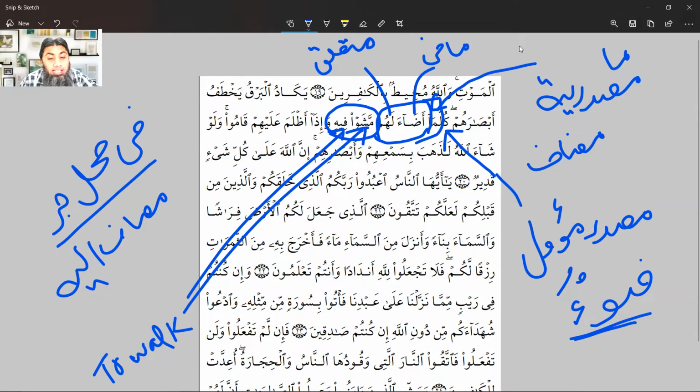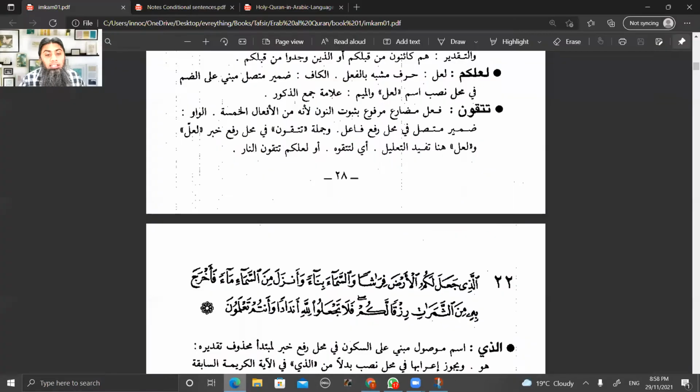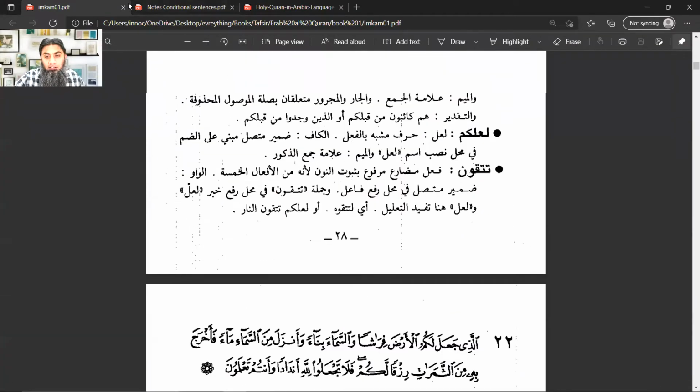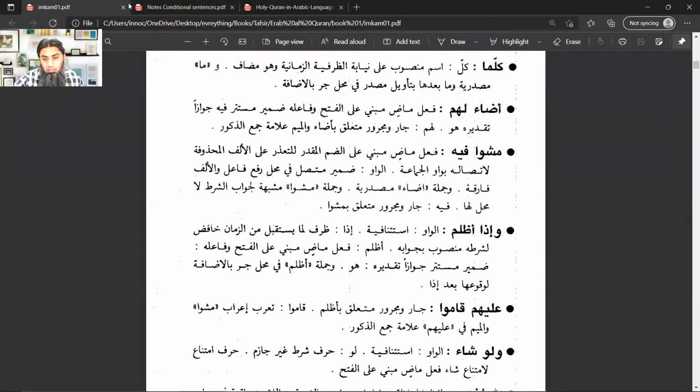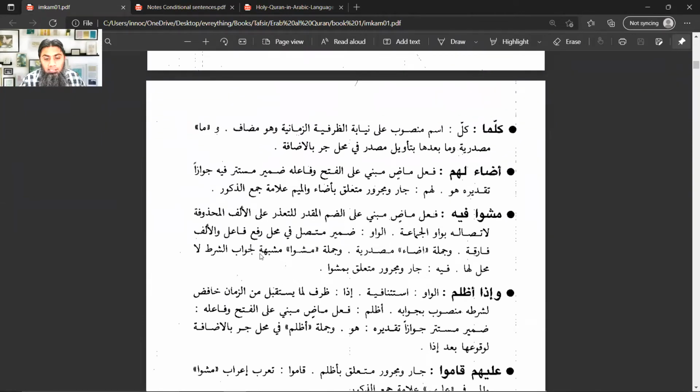This mashaw fihi is almost behaving as a jawab ash-shart, isn't it? Yeah. Because kullama ada'a lahum, whenever there is lightning for them, mashaw fihi, they walk in it. And that is the reason, you might have noticed this point if you check the i'rab of this ayah. Let me open that up. You see here, jumlatu mashaw mushabbaha li jawabi shart.